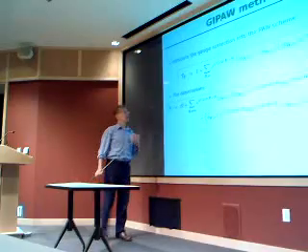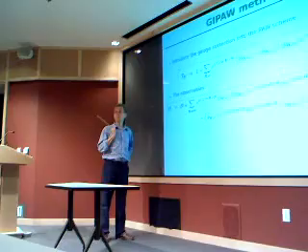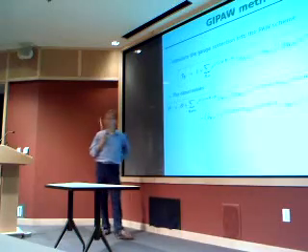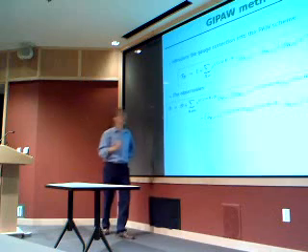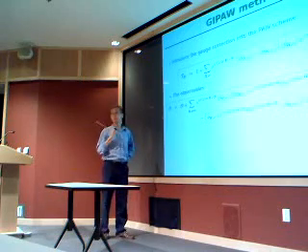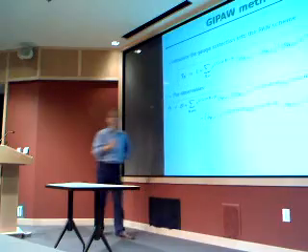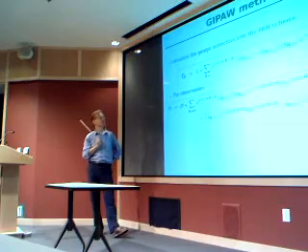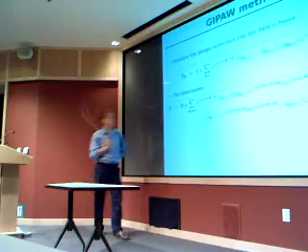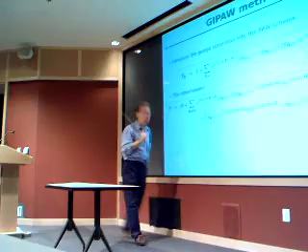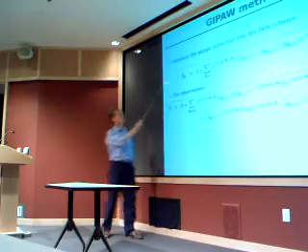And just to repeat those PAW equations: if you were calculating your system using the pseudo wave function, as you would in plane wave codes, then to get the all electron wave functions, you operate with this operator T on the pseudo wave function, and then you get the all electron properties.